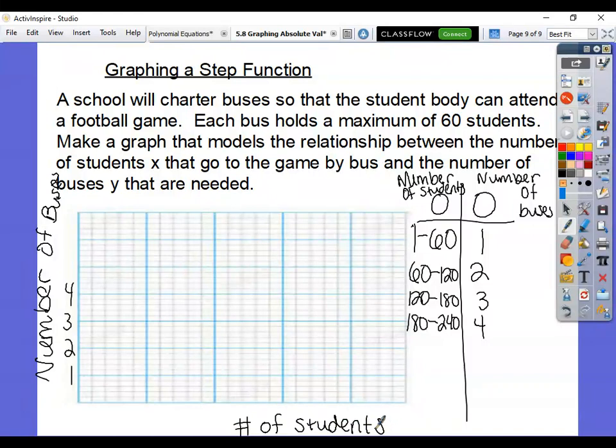So we'll go up by 60. And don't forget 0. So when you have 0 students, you need 0 buses. 1 bus would be from 0 to 60 technically.